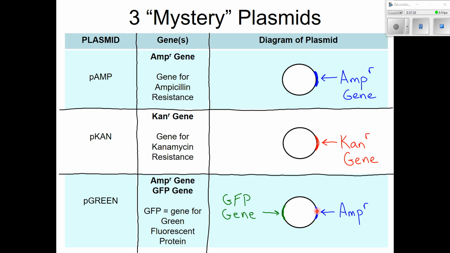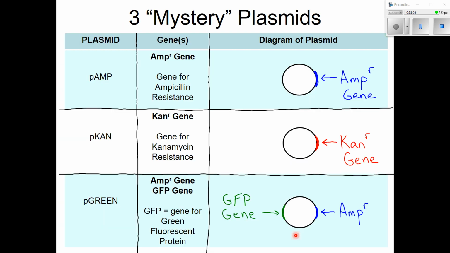So this plasmid has the AMP-R gene, the same gene for ampicillin resistance, plus a jellyfish gene called the GFP gene, green fluorescent protein. It's a gene that codes for a protein that produces a green glowing effect in the cell. So this is pretty neat.